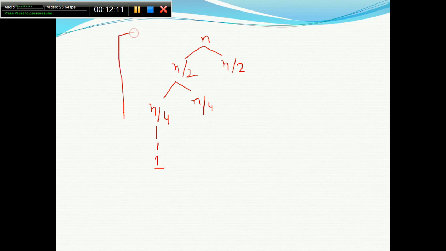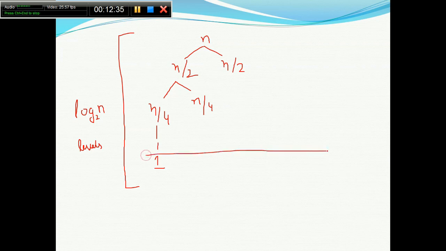So how many levels do we have? It is just n by 2, n by 2, so it has log n base 2 levels. Now what is the cost of each level? Suppose this is the last level.